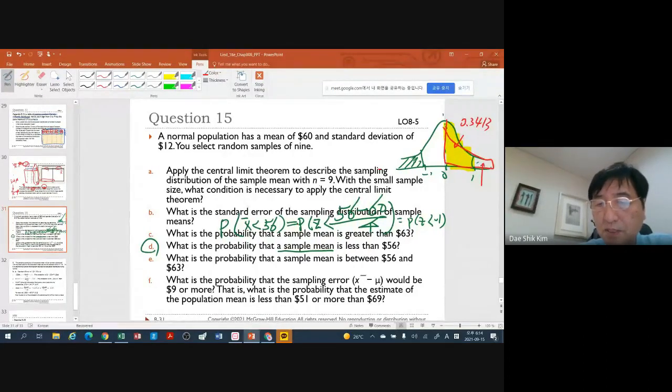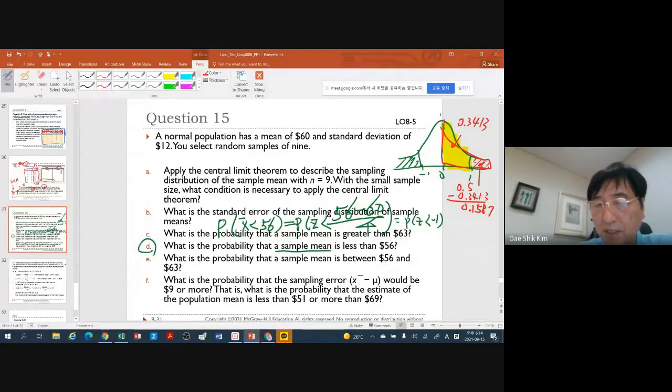How can you calculate this one? 0.5 minus 0.3413 is 0.1587. This line and this are exactly the same because it's symmetric, so this answer is the same, 0.1587.